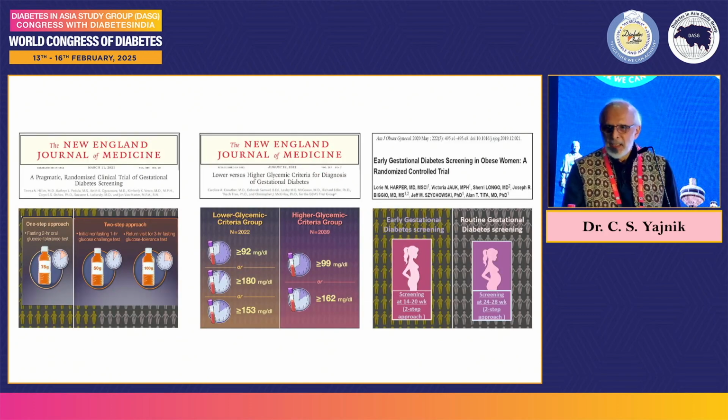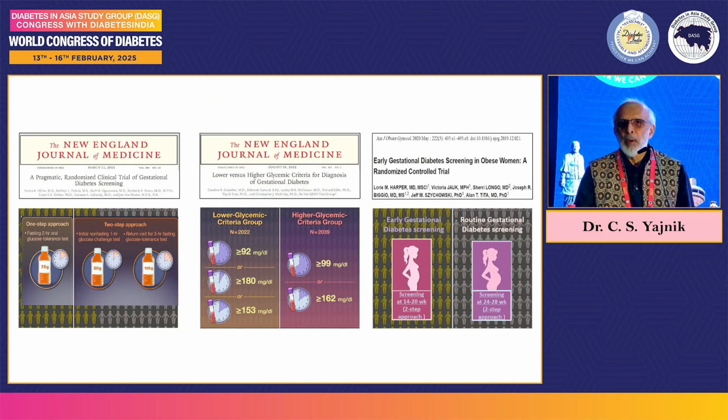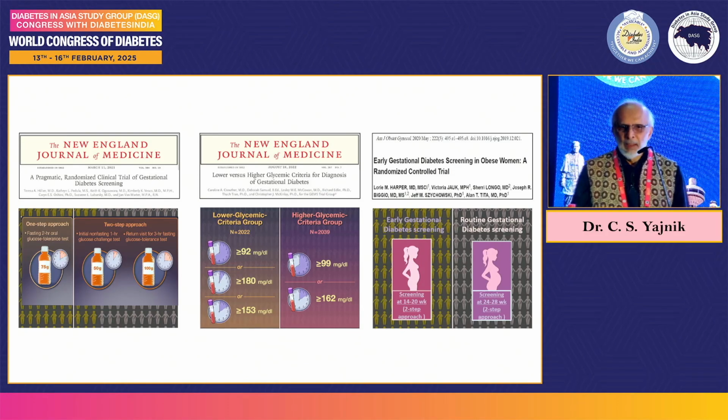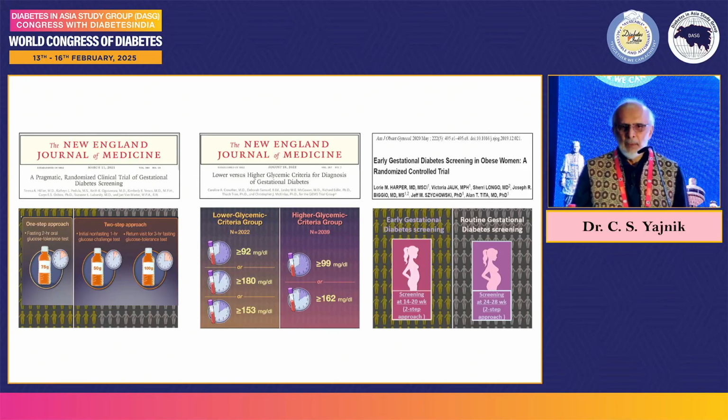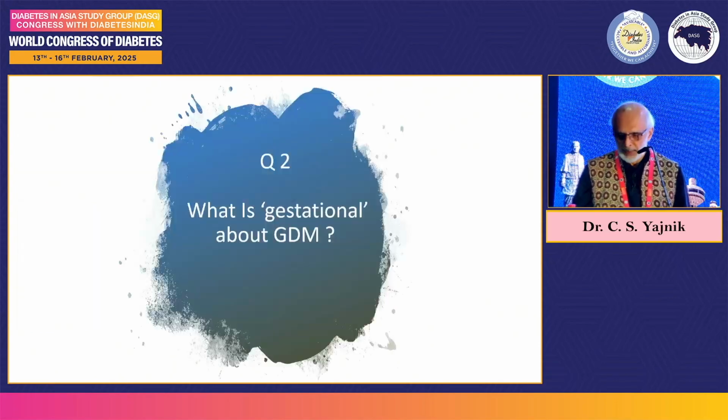A number of studies have supported these problems. Many trials where they have done the screening by one step or two step approach, whether people have used lower glycemic or higher glycemic criteria cut points, or whether they have done early or late gestational screening, the outcomes have been similar, telling us that the way we are fighting about all these factors still needs to be refined and we need to really understand what's happening.